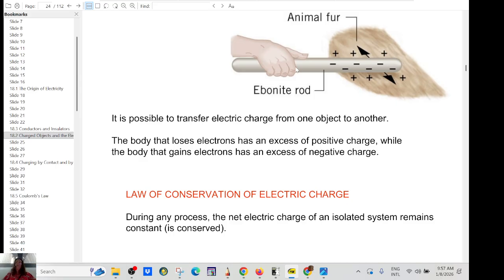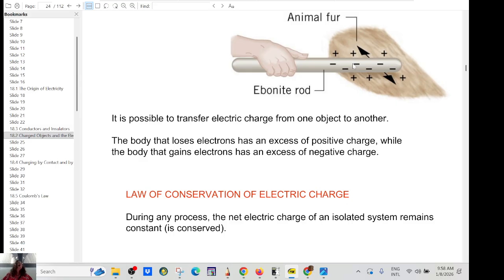Here this is some kind of rubber, so it will like electrons better than fur. This one will pick up electrons, this one will lose electrons, but the total charge will stay the same. Now those charges cannot move. They are glued wherever they are because it's not a conductor. If it was a conductor, the electrons would start to move as far as possible from each other.